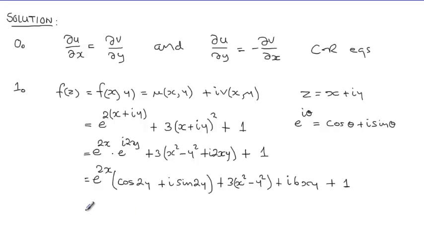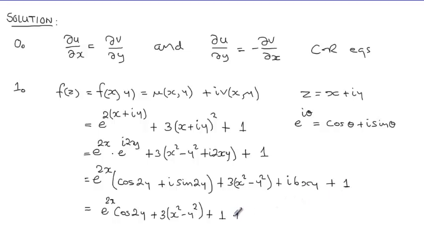At this point, we can isolate our v and u. Taking the real part, that is the terms without i, note that e to the power 2x is a common factor for these two terms. Then collecting the ones without i, we have e to the power 2x cos 2y plus this term, which is 3 times x squared minus y squared, plus this 1.